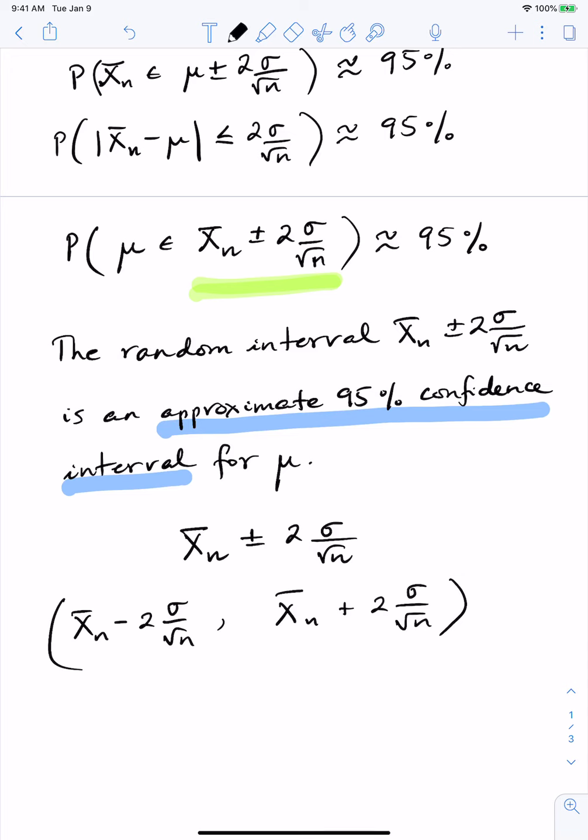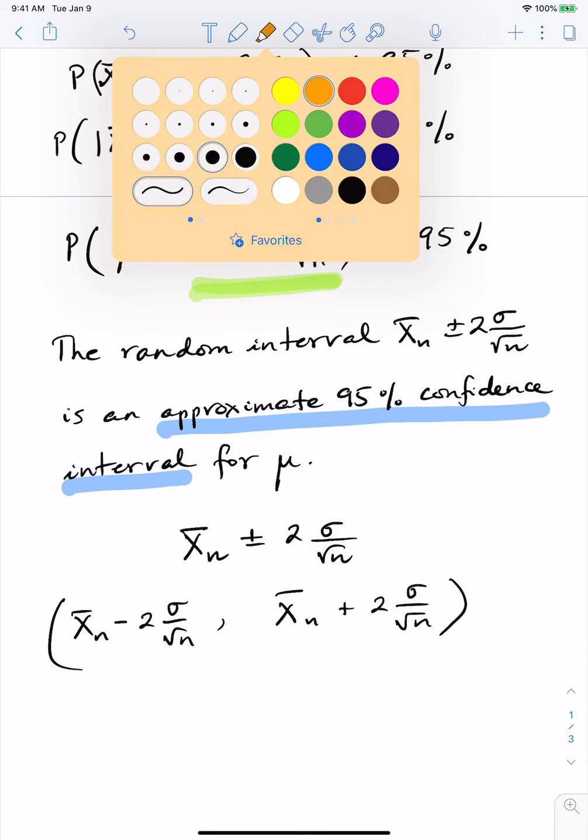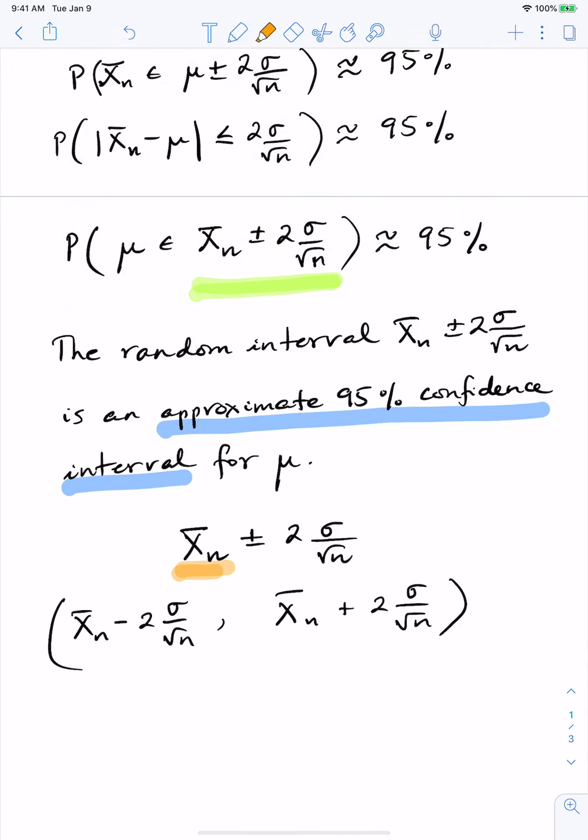You see, you start at your guess from the sample, and then you add the same amount of wiggle room on either side. So it's the center of your interval that is random. So ahead of time, you don't know where this interval is going to fall. It's going to fall somewhere on the number line. And what we have said is that there's approximately 95% chance that the interval falls over our unknown number mu.